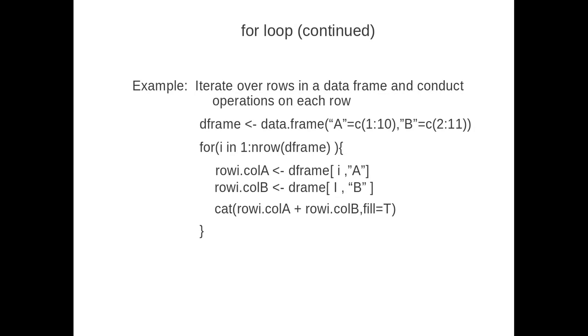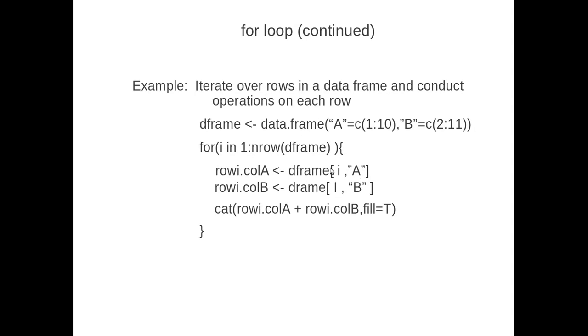So, just to be clear here, we can change our protocol of how we're iterating. This is, again, just a numeric vector, 1 to n row, which is the number of rows in a data frame. So here we're iterating effectively over the index positions of the rows. Here i begins at 1, which in this case would be the first row of this data frame.